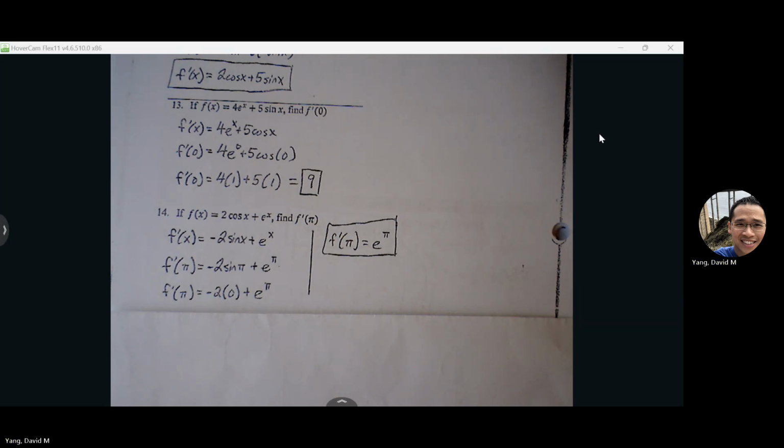Cosine becomes negative sine, e to the x stays as e to the x. And then once you have your derivative function, then find f prime of pi.